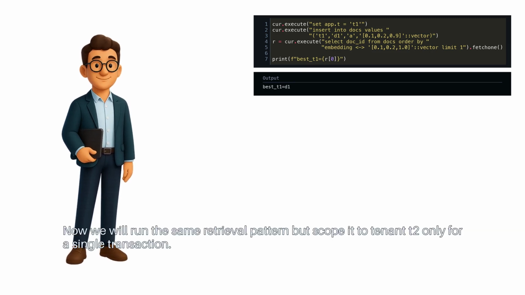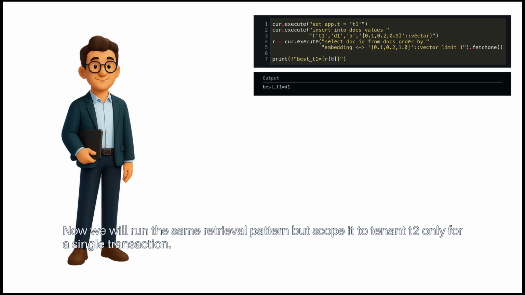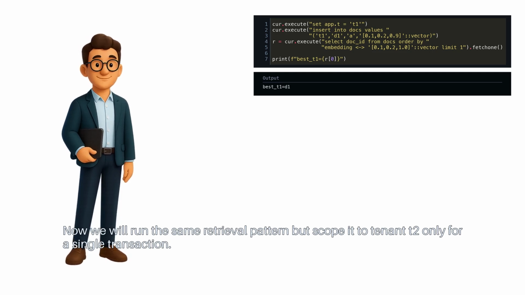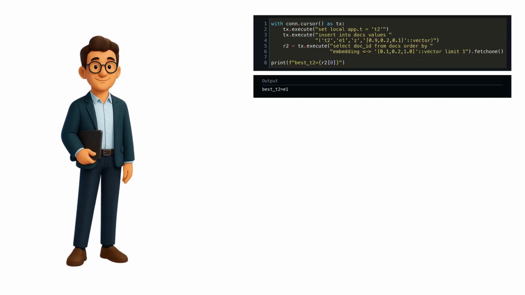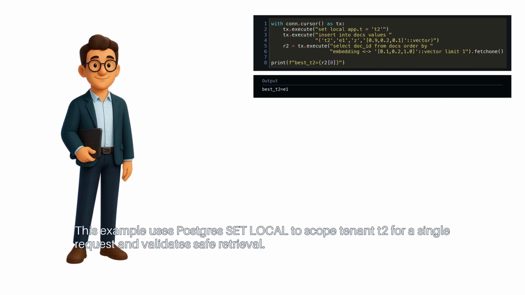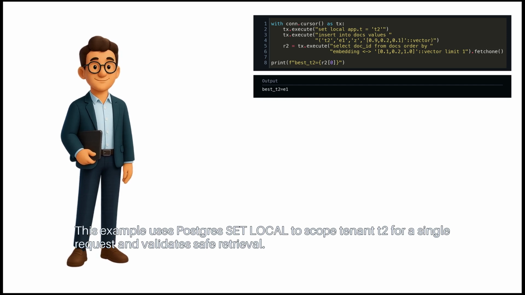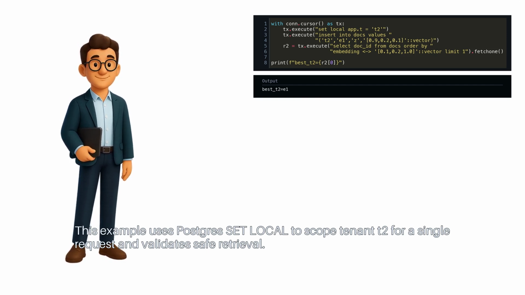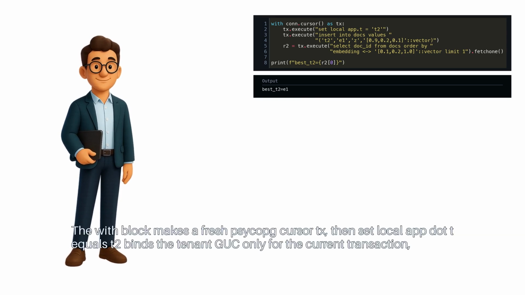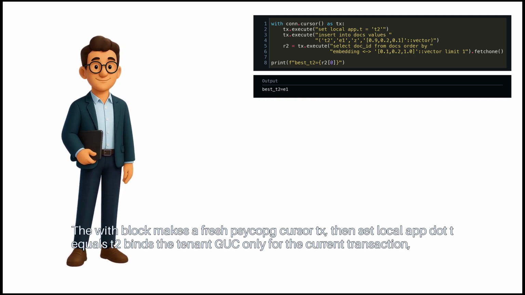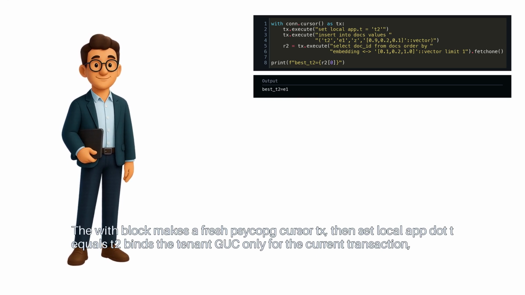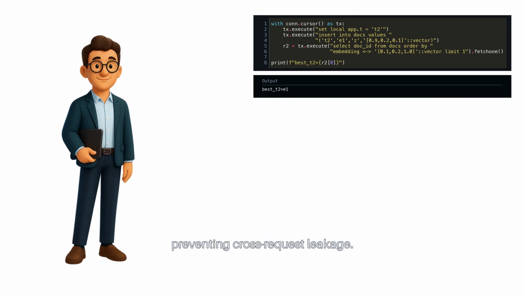Now we will run the same retrieval pattern, but scope it to tenant T2 only for a single transaction. This example uses Postgres SET LOCAL to scope tenant T2 for a single request and validates safe retrieval. The with block makes a fresh psycopg cursor tx, then set local app.t equals T2 binds the tenant GUC only for the current transaction, preventing cross-request leakage.